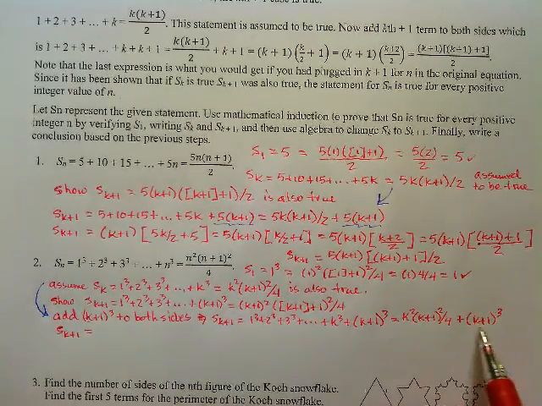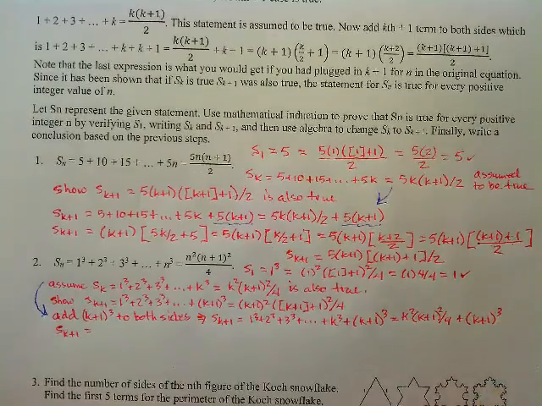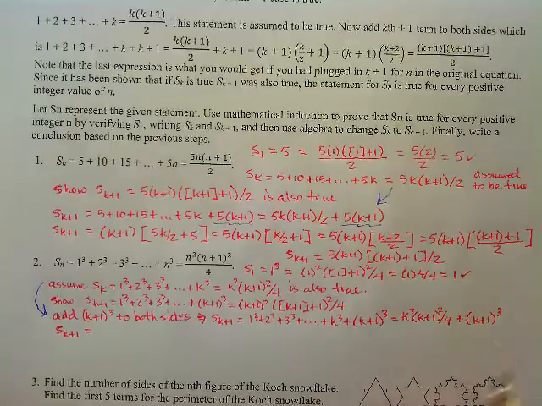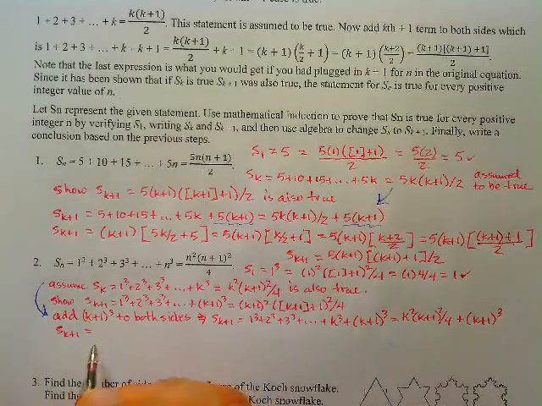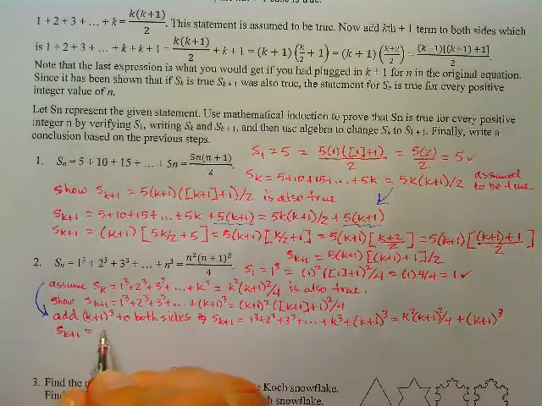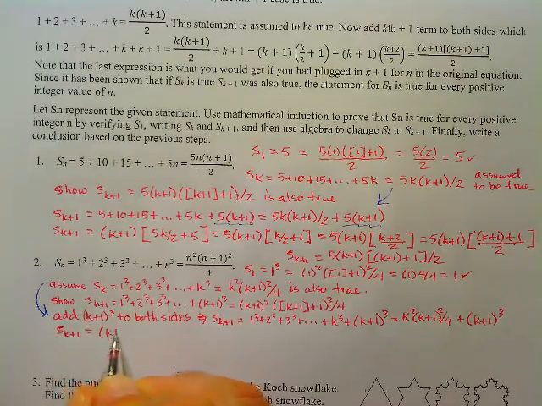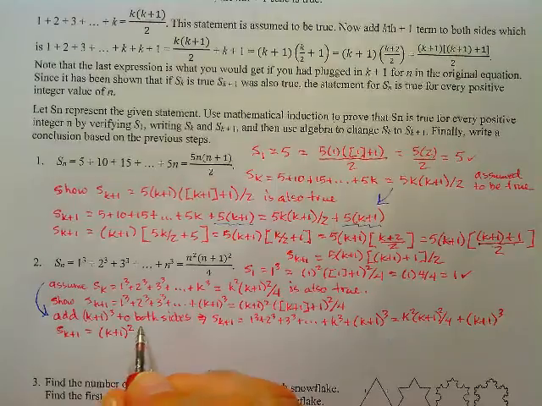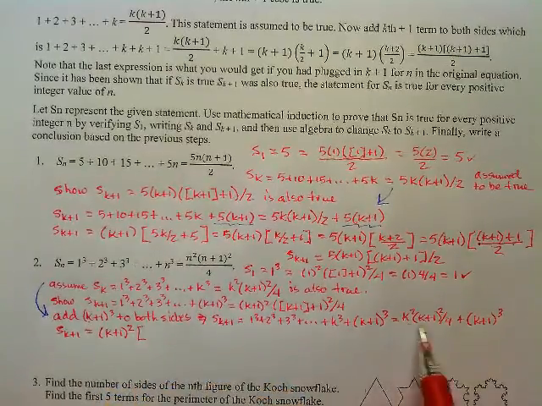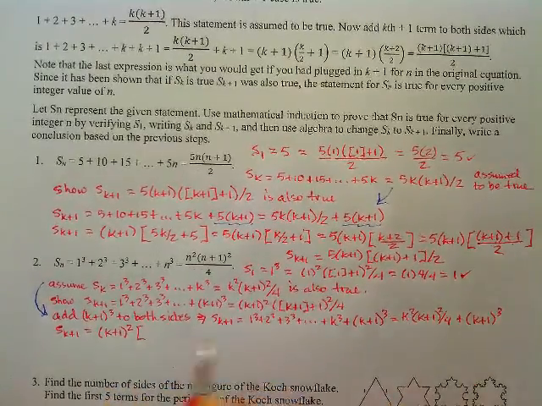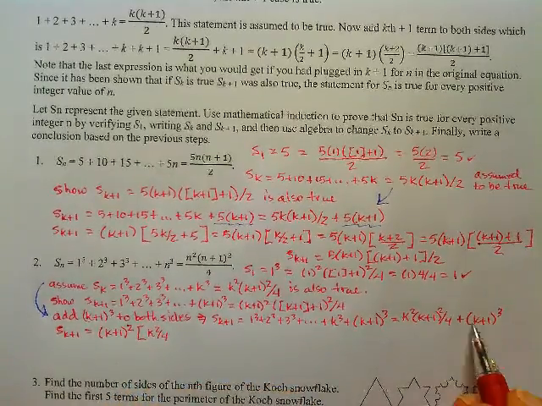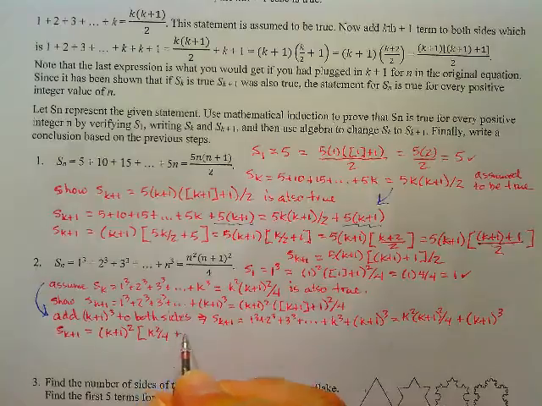Now here I have k plus 1 cubed, but I can pull out a k plus 1 squared from that, and so that would give me a k plus 1 squared, and then the rest of it, well, here I still have k squared over 4, and then over here I would have a k plus 1.